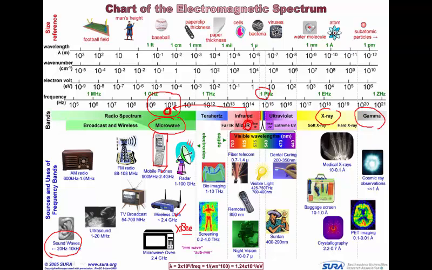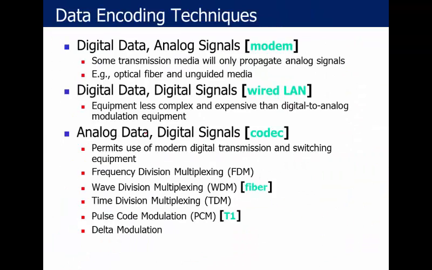These are all frequencies in hertz, and then there is a wavelength in angstrom. 1 angstrom is 10 to the power of negative 8 centimeter, right? A very, very tiny, small wave. Okay.